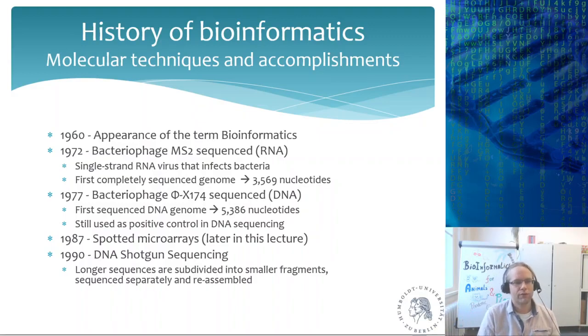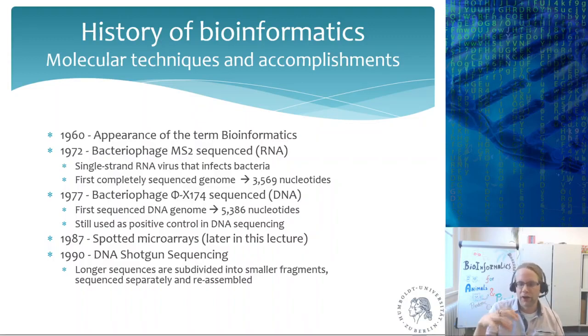Alright, so a couple of molecular techniques and accomplishments I want to go through, which are really important. In 1972, we have the first bacteriophage sequenced. This is an RNA bacteriophage. A bacteriophage is a little single-stranded RNA virus that affects bacteria. When you search for what is a bacteriophage, you see this nice icosahedron structure with these little legs.